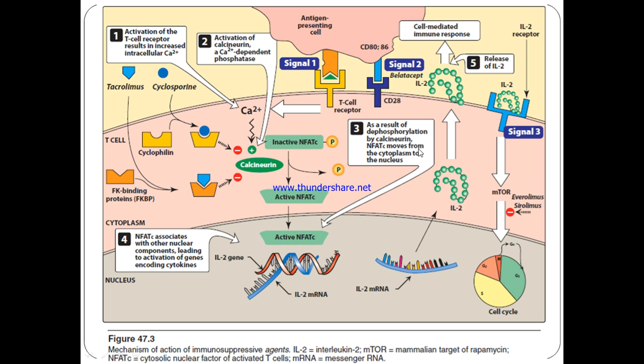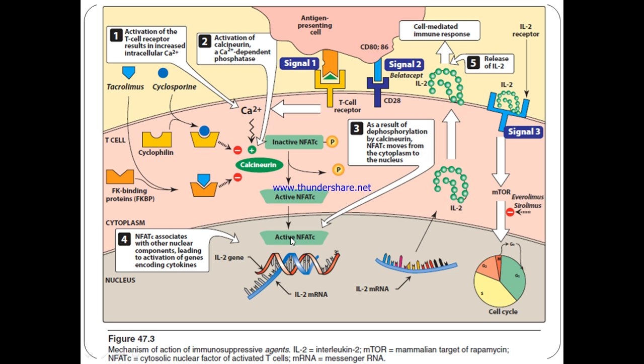So NFATC moves from the cytoplasm to the nucleus. Next, NFATC associates with other nuclear components, leading to the activation of genes encoding cytokines. Here, mainly we are concentrating on the IL-2 genes.